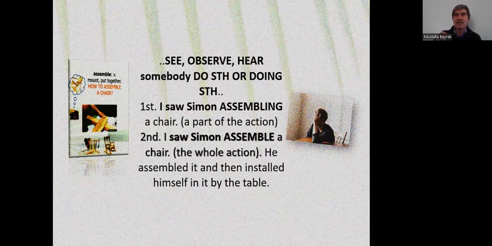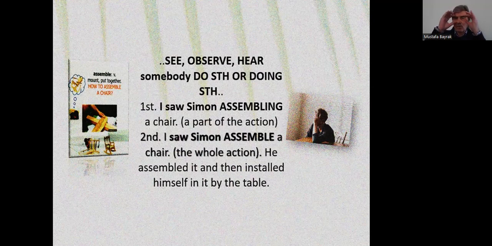It is just like the structure of causatives, but of course not causatives. They don't cause something to happen, but the structure is the same. How? Like this. See somebody do something or doing something.